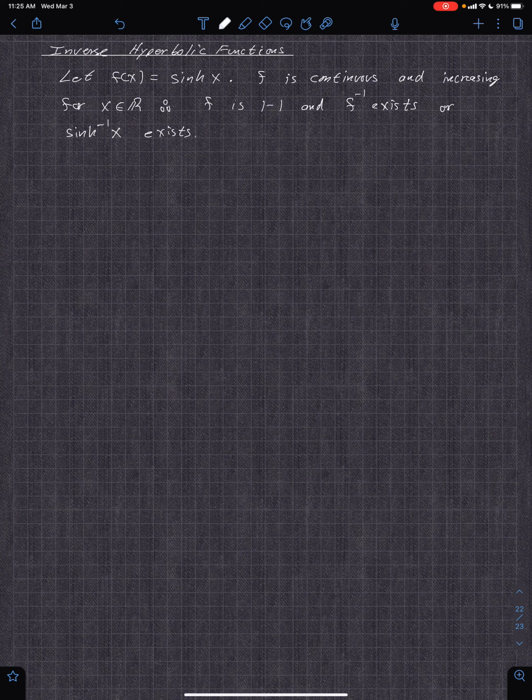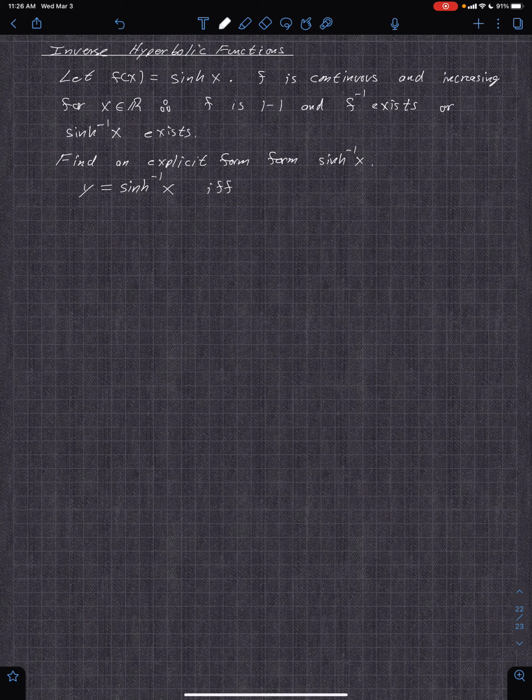So we want to find an explicit form for sinh inverse, basically in terms of exponentials, how it's defined. Okay, so what we're going to do is set y equal to sinh inverse of x.